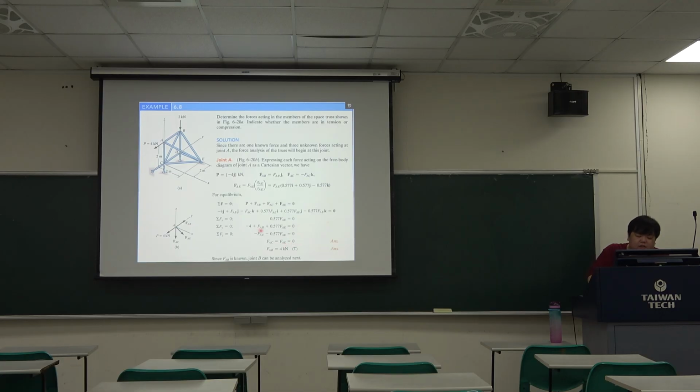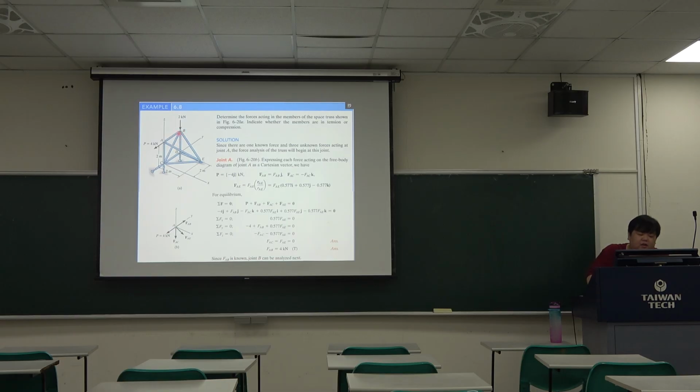Then we can use this equation and find that FAB is equal to 4 kilonewton. Okay, so now we have finished this member force, this member force and this member force.